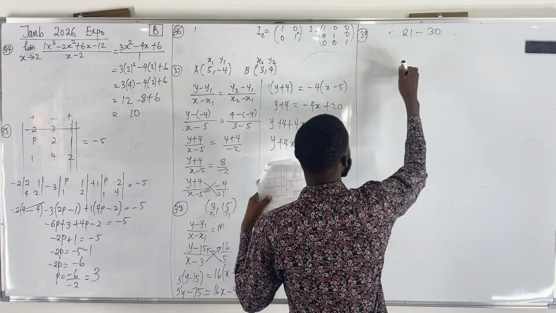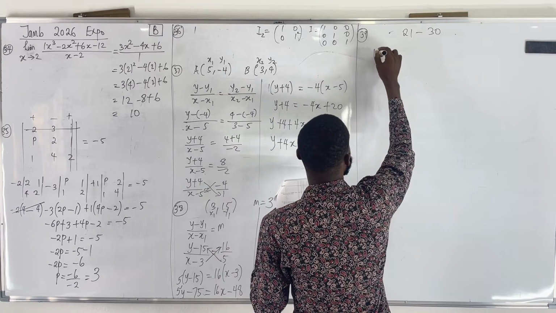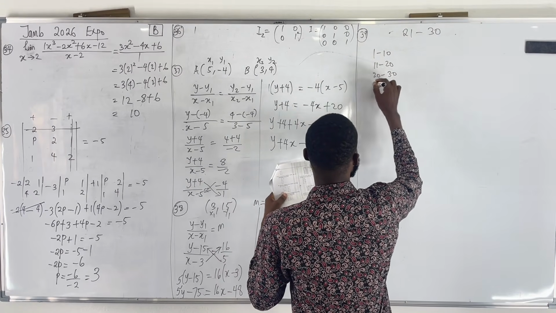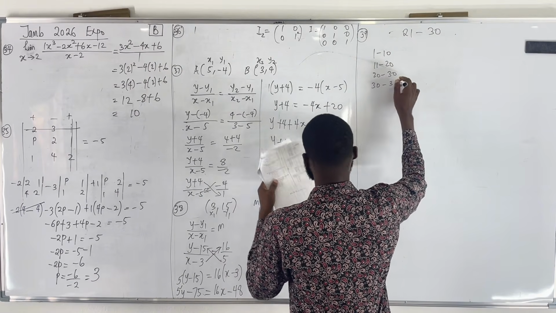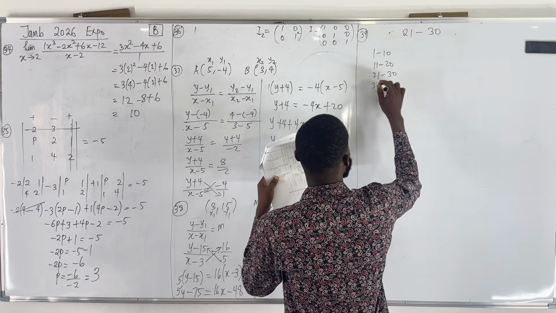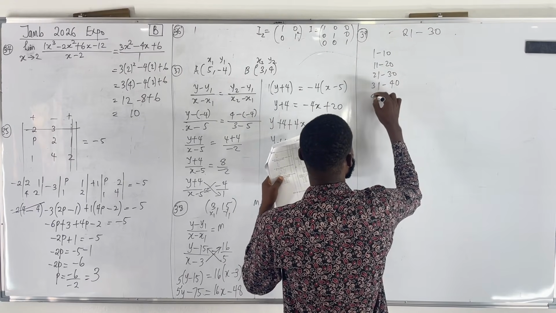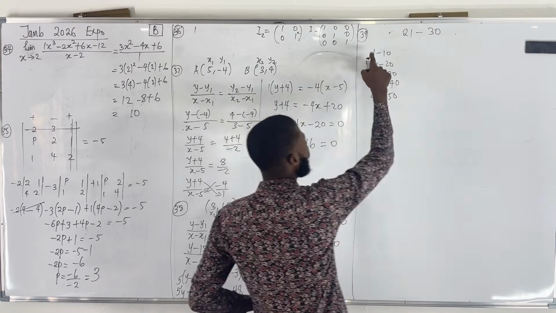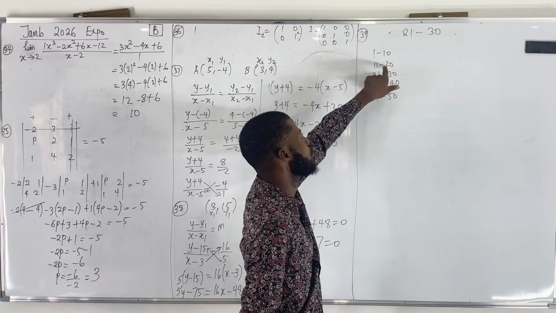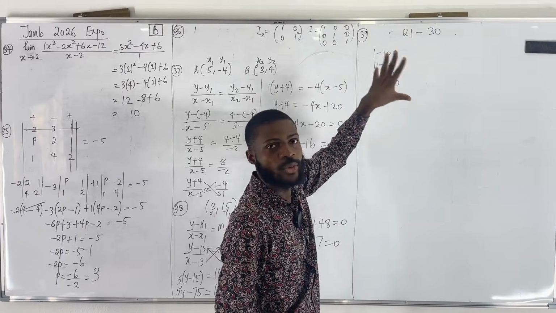Let me show you why I say 1 unit: 1 to 10, 11 to 20, 21 to 30, 31 to 40, 41 to 50. Now, all of these are not continuous because after 1 to 10, instead of having 10 to 20, we're having 11. So there's a way to convert it.